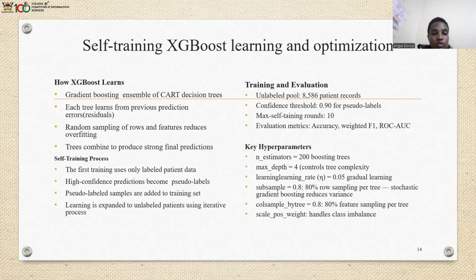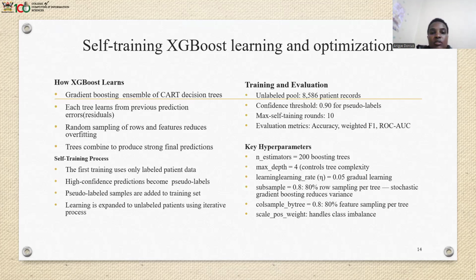A lower threshold would bring in more pseudo labels faster, but with a much higher risk of introducing clinical noise that could bias the entire model. In this domain, 90% confidence is the minimum we consider defensible.